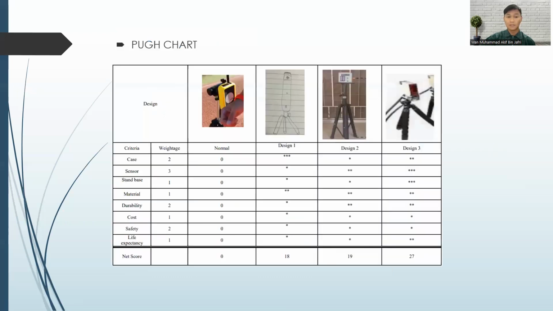This is for the stem base, and for the Pugh chart, the criteria include the case, sensor, stem base, material, durability, cost, safety, and life expectancy. And we can see the design tree provides the highest net score, as it uses a laser, and among the designs, it is the best design, and for the cost, sadly, it's affordable.